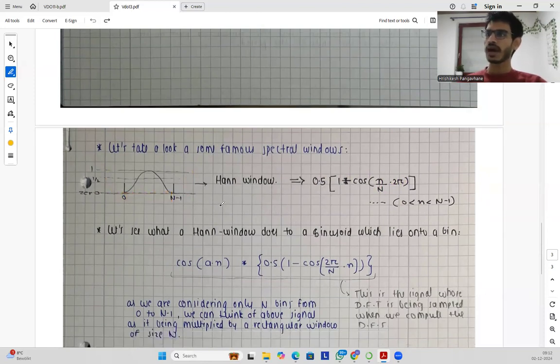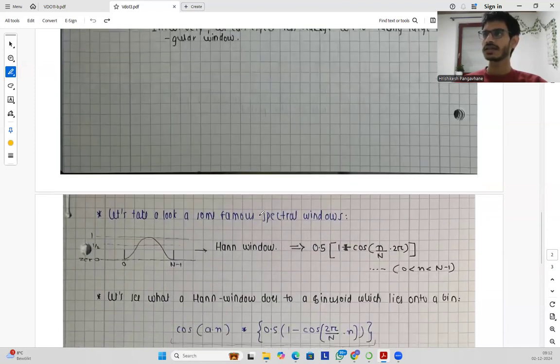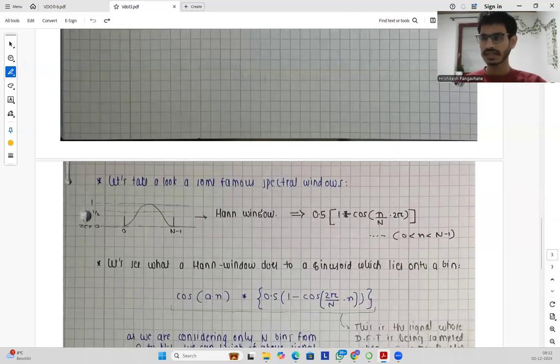So let's see what a Hann window does to our sinusoid which lies onto a bin. Let's first take a case where the condition Fin by Fs is satisfied, and the sinusoid, basically Fin, lies onto a bin. So let's see what our Hann window does to our output spectrum.